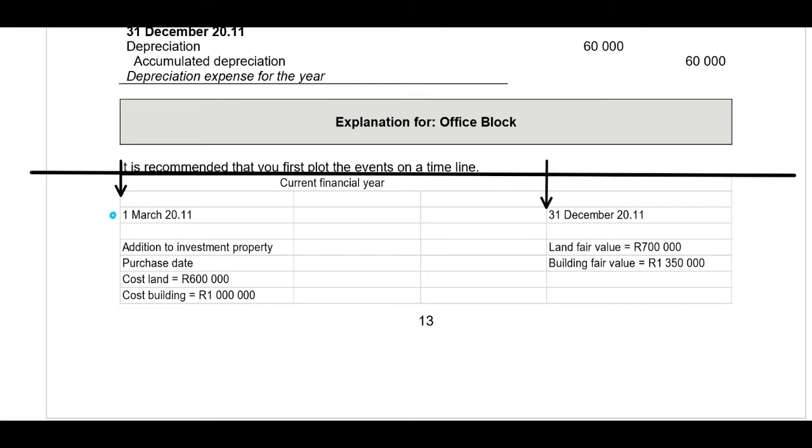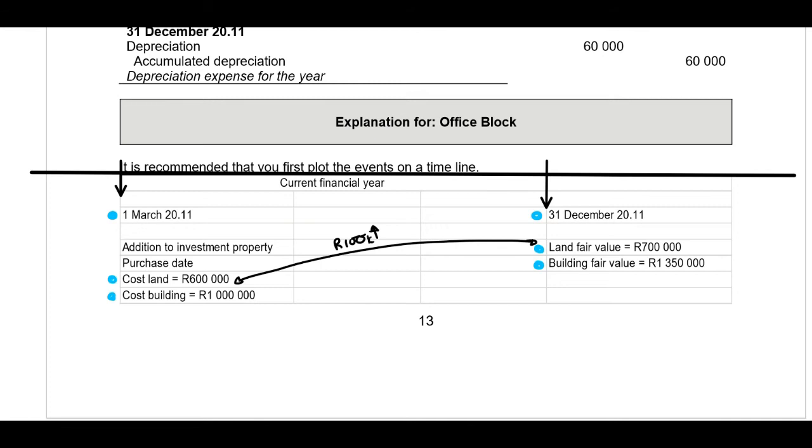Our initial recognition 1 March 2011, our year end 31 December 20.11. Cost of our land 600,000, building 1 million. At year end, land 700,000, building 1350000. If we now look at this, our land has increased with 100,000.